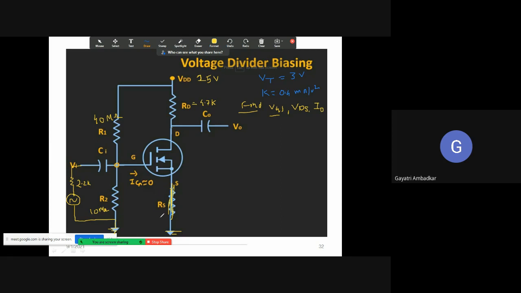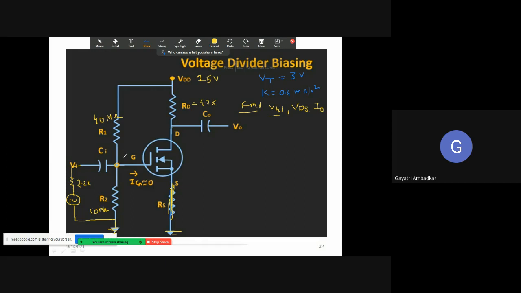But if the question is asked as perform the DC analysis of this circuit, what you are supposed to do? I am telling you this problem in two ways. Either it can appear as perform DC analysis of this circuit, or simply find VGS, VDS and ID. In the second case, even if you don't do the other thing, it is going to work. But this is the same as the DC analysis.